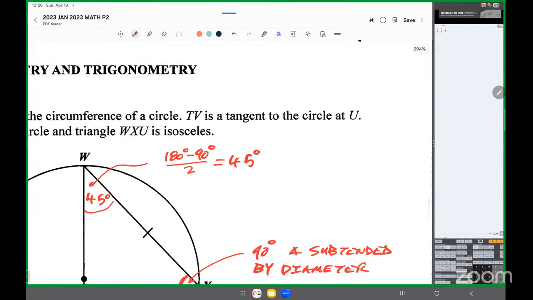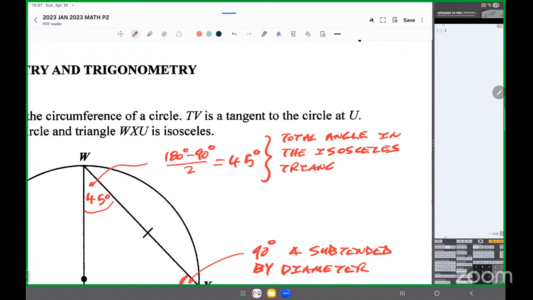This is because total angle in the isosceles triangle is 180 degrees.